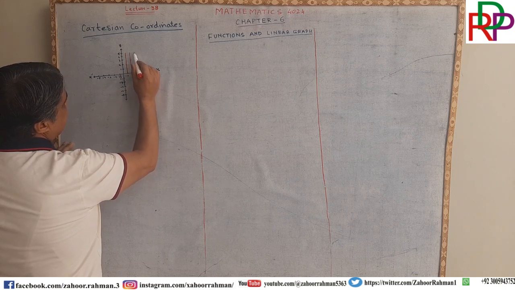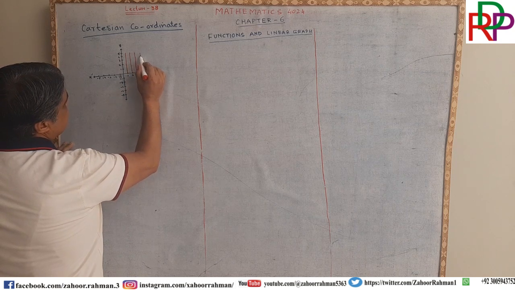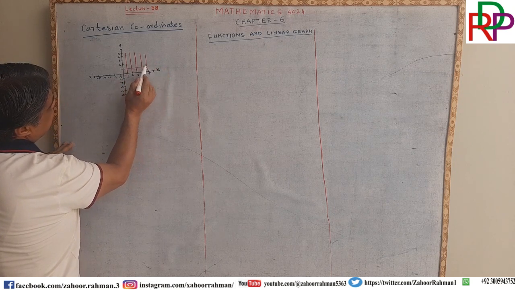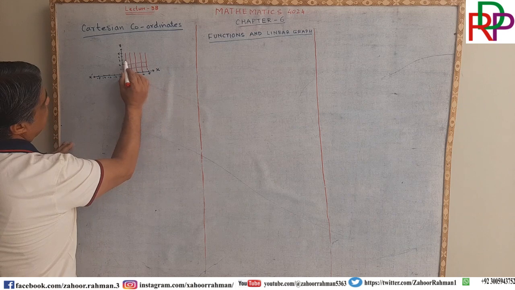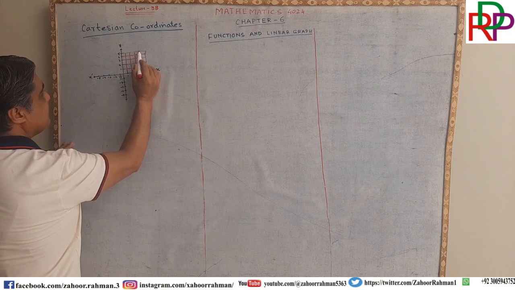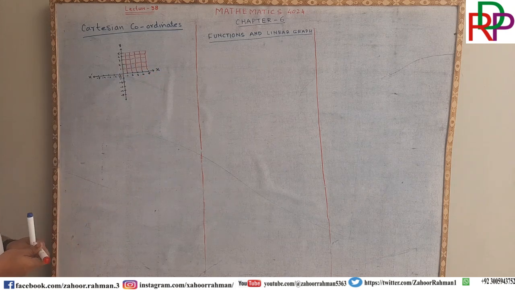These are represented by small squares. So in this case, I drew it free-handedly. You have to find a graph paper in the market, and then you have to do all these questions to the scale.